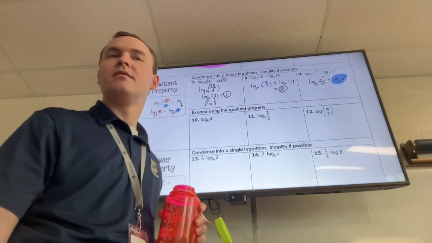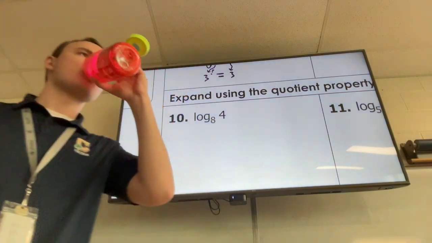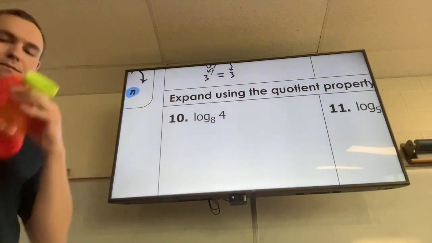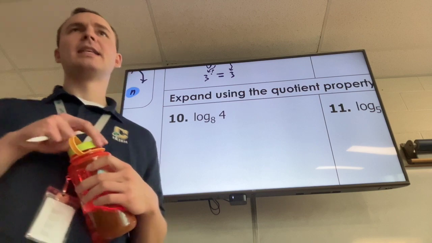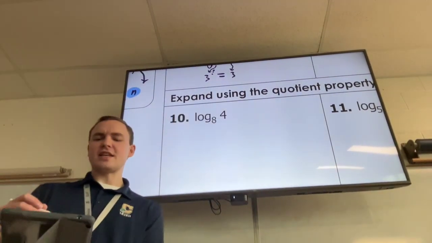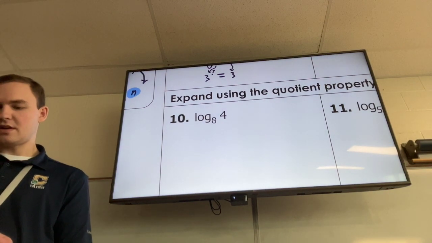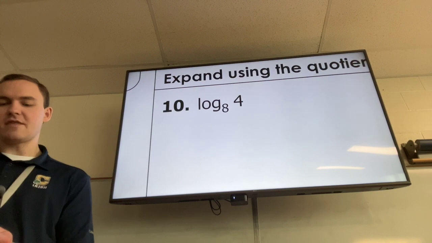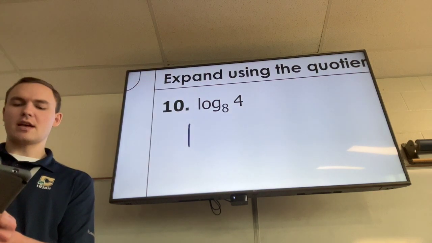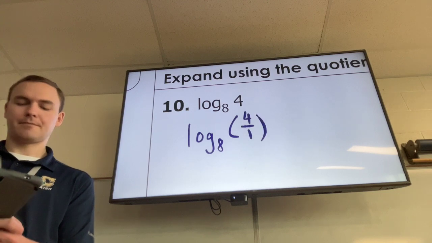No? Okay. Okay, expand using the quotient property. Here's, I think, the easiest way to think of this. Instead of thinking of this as log base 8 of 4, I want you to think of it as log base 8 of 4 over 1.